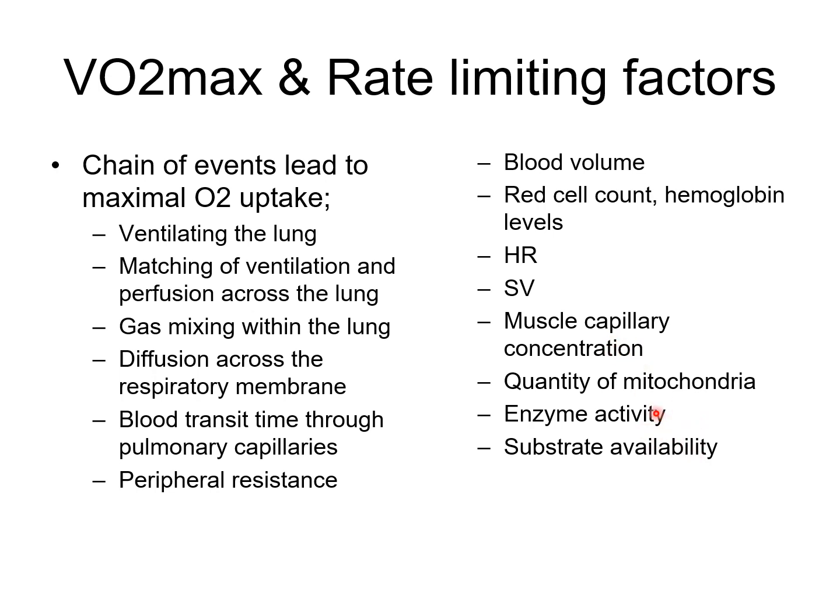So you can see there's a whole host of factors that can ultimately limit VO2 max. It's not purely about how many red blood cells you have, how much hemoglobin, and how much mitochondrial density. All these other factors will feed into it.